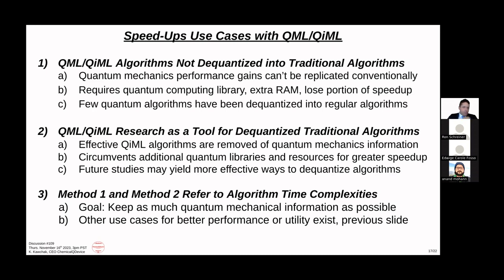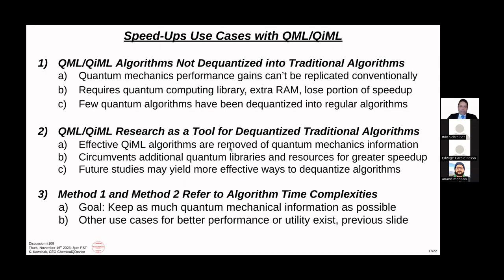Now, if we're going to use QiML or QML in the future, probably the further future, it could be used as a tool for dequantizing algorithms into conventional algorithms, meaning that you wouldn't need extra RAM or QML library software, these types of things. Okay, so that's still to be seen. I keep rereading this paper, and it shines light on this in different aspects.